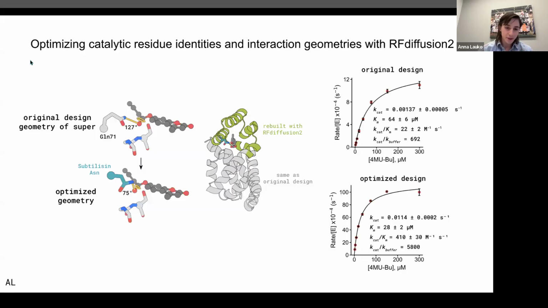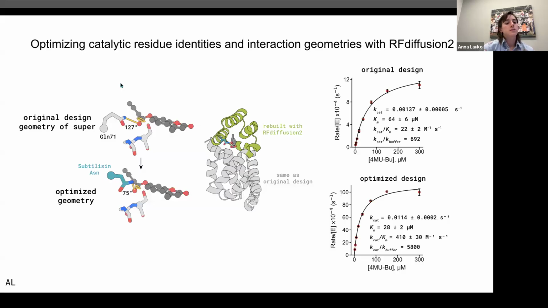This may have implications in how well the enzyme can preferentially stabilize the tetrahedral transition states that form throughout the catalytic cycle. So we asked: if we move this second oxyanion hole residue to a more out of plane angle, could that be a source of potential improvement for our designs?